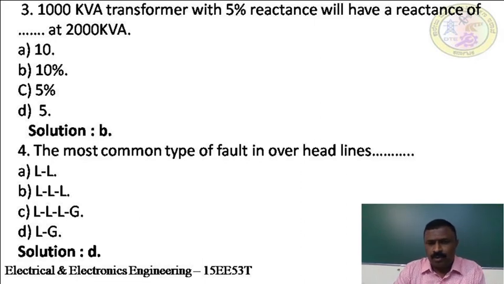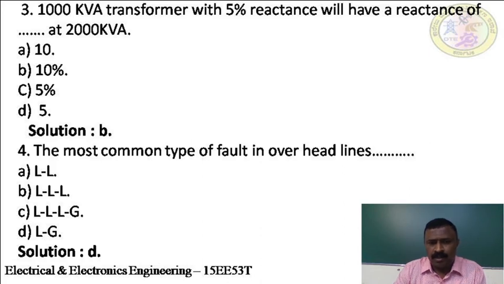Fourth: the most common type of fault in overhead lines. As you know, we have different types of faults in the power system, and here the options are A L-L, option B is L-L-L, triple L, C is L-L-L-G, that is triple LG, and option D is LG.